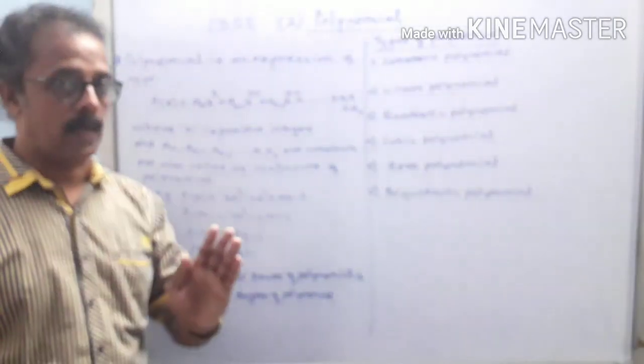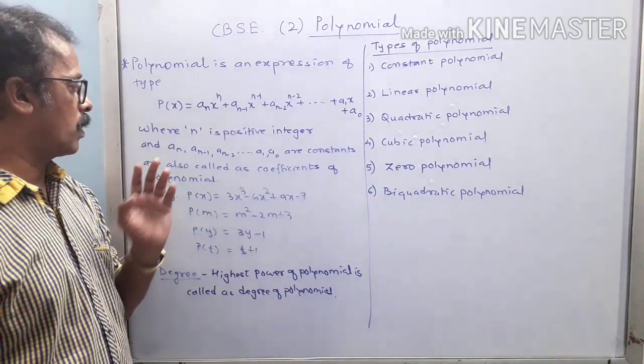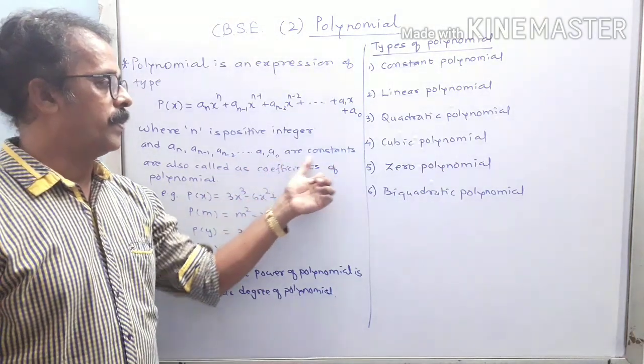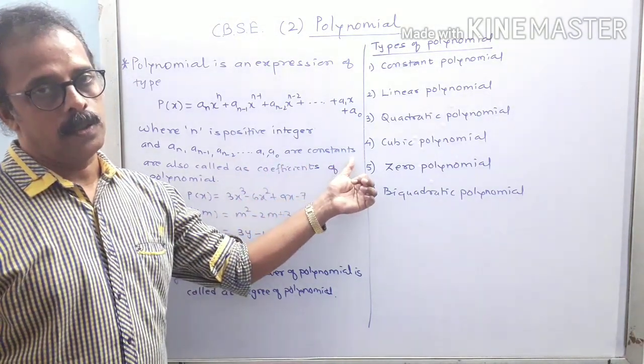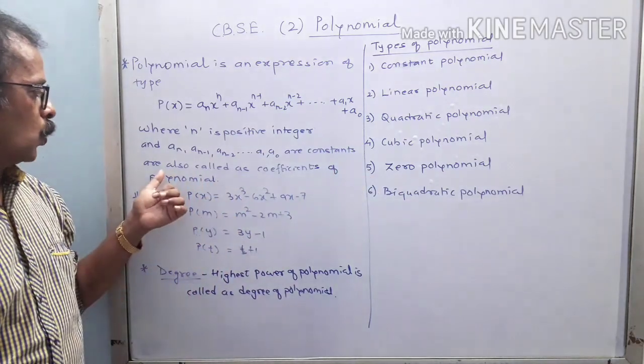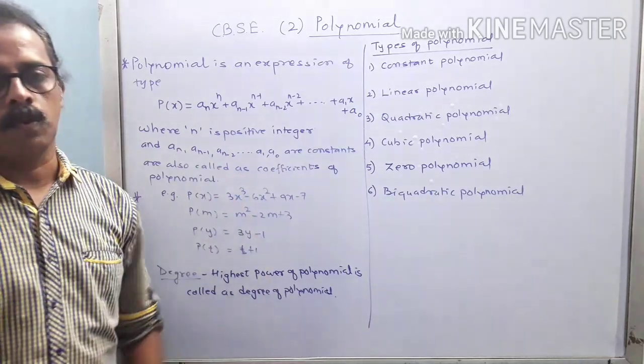It is not a fraction. Here, an, an minus 1, an minus 2 up to a0 are constants, and these constants are real numbers. Hence, these constants are also called coefficients of that polynomial.